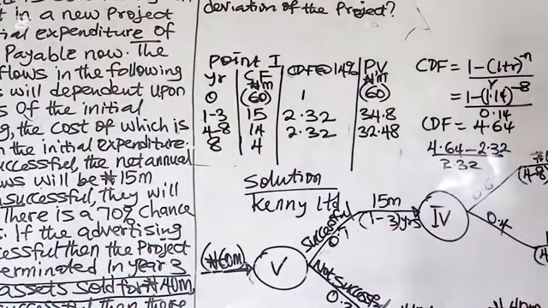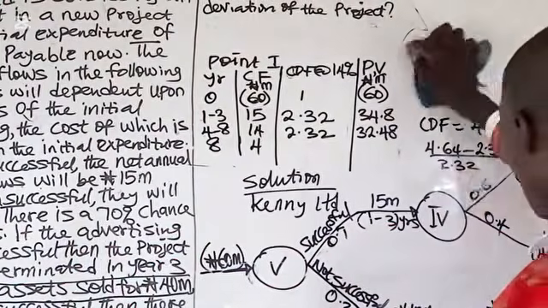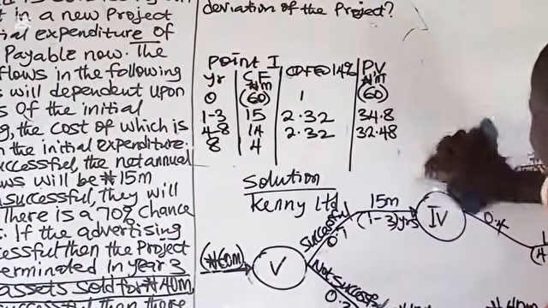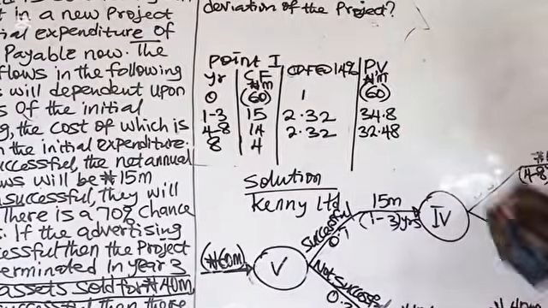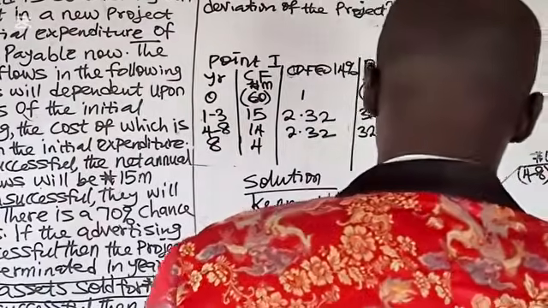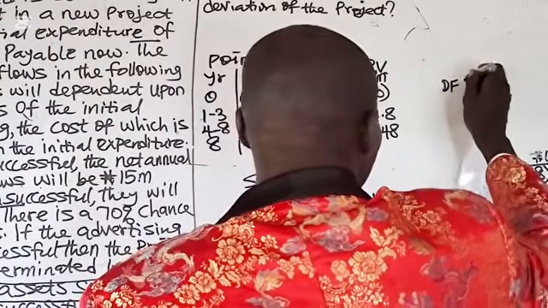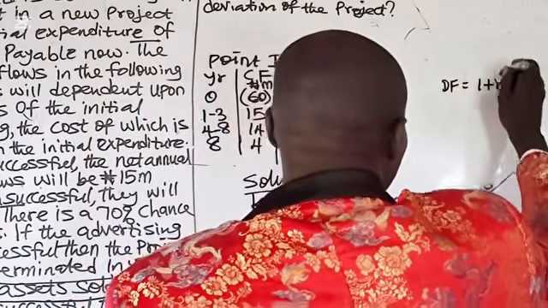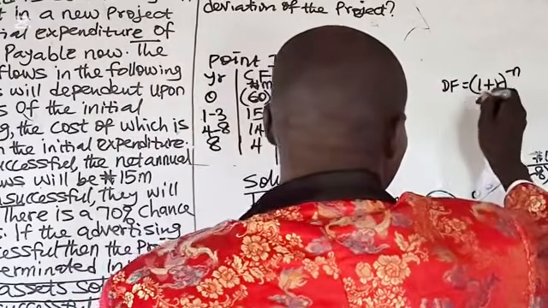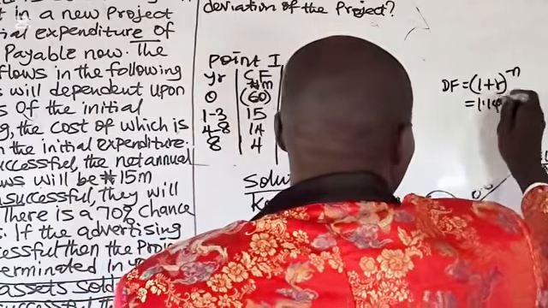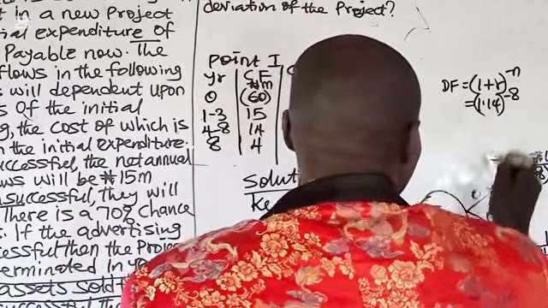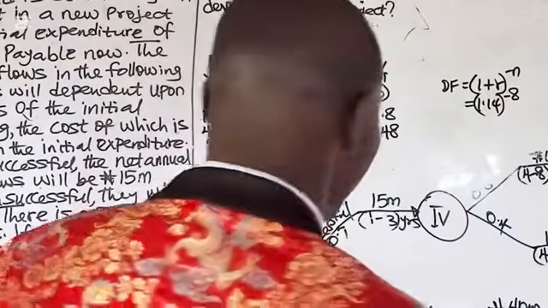Now, this is for year 8 only, not grouped in a range. It is just one year that is involved. Since it is only year 8, you make use of the compound interest formula. The discount factor for year 8 will be 1.14 raised to power minus 8, you know your n is 8.